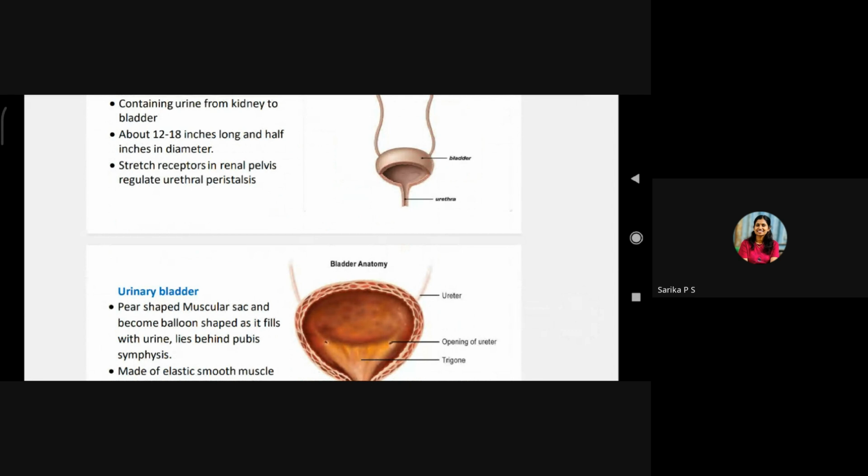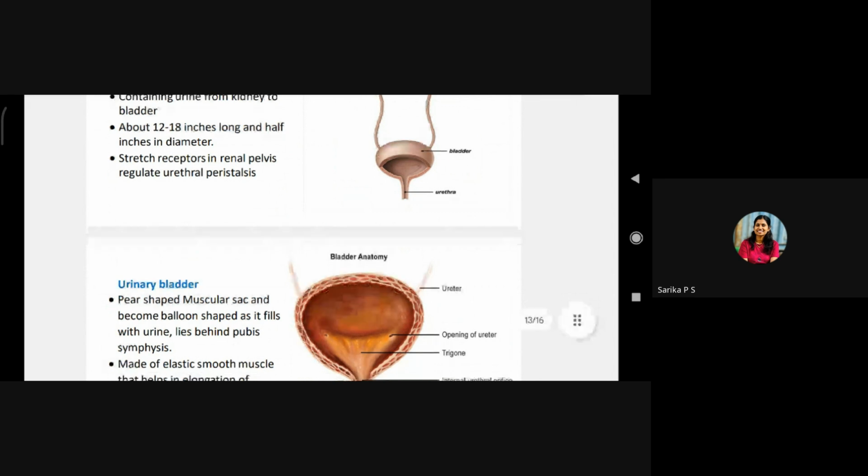You can understand now what the length and the width are. It is about half an inch. And stretch receptors in the renal pelvis regulate ureteral peristalsis. So ureteral peristalsis can be regulated by the stretch receptors in the renal pelvis.